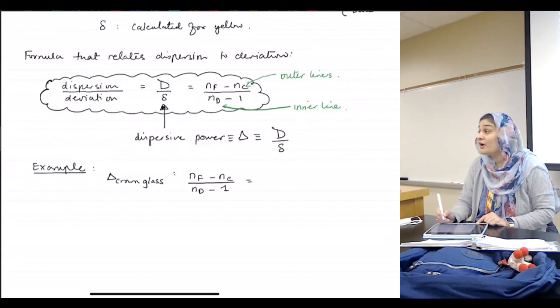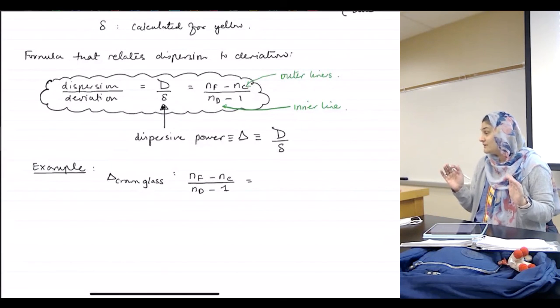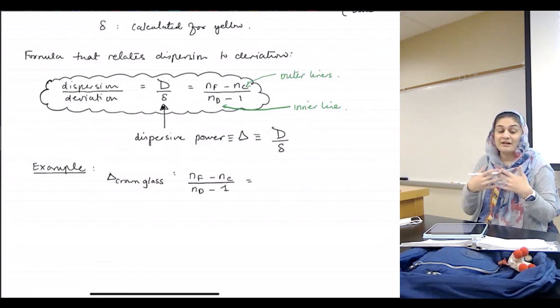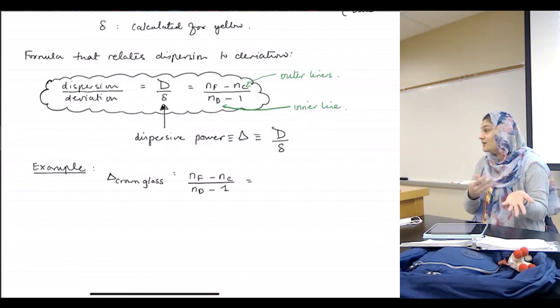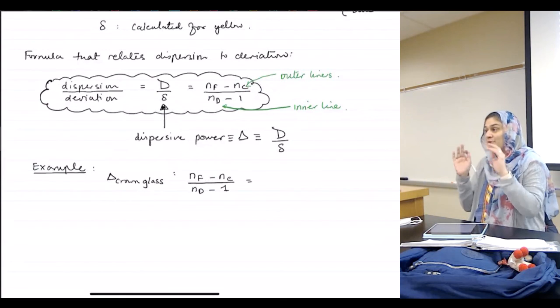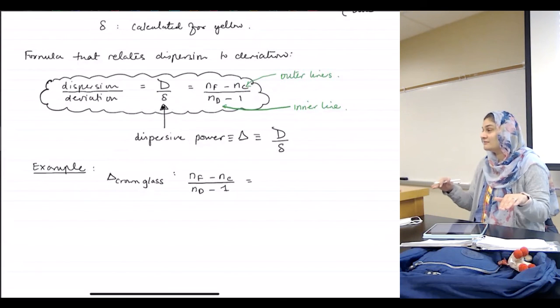So you put in all your values, you solve, and it's done. Similarly, if they ask you to find the delta for, say, a flint glass, you take out your formula, you plug in the numbers, and you're done.